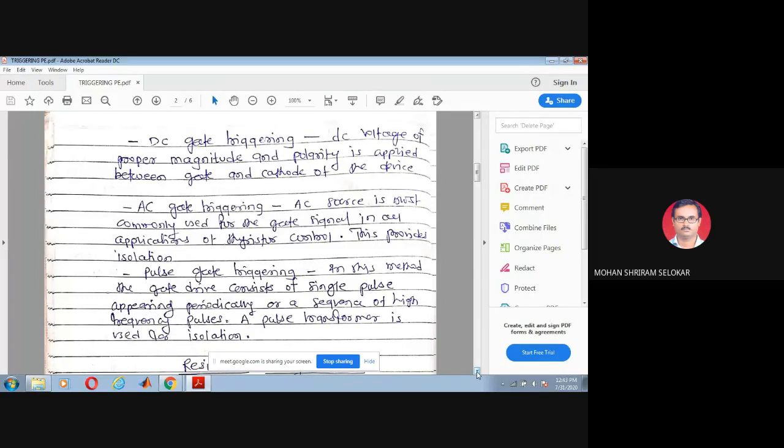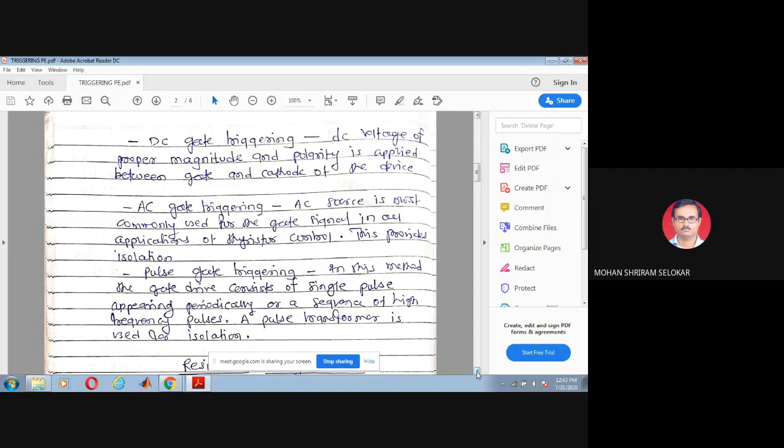Now in AC gate triggering, you know that AC voltage contains a positive half cycle as well as a negative half cycle.